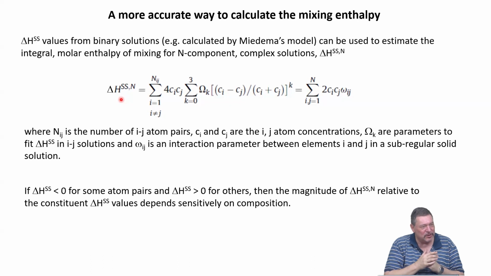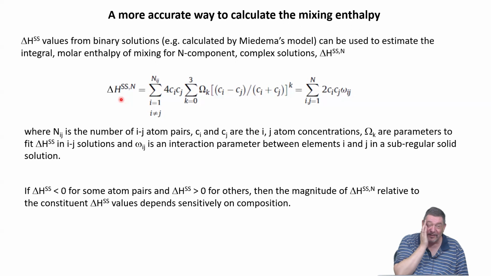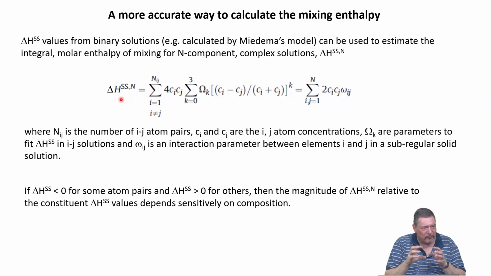There could be situations where this is not the case, but then you are probably in a case where the sub-regular solution model would not be the best. You would probably need to go to a much more complex solution model, because maybe at least one of your constituents is so much different from the others that it creates very large positive or negative mixing enthalpies.